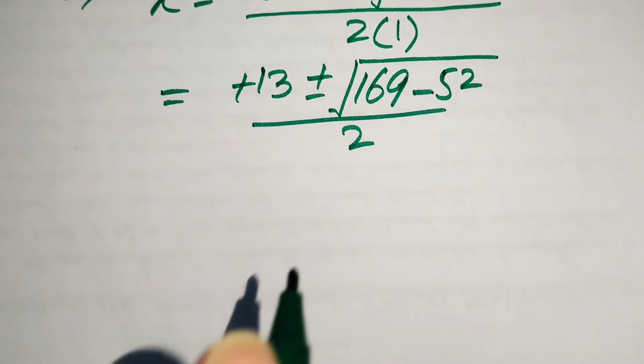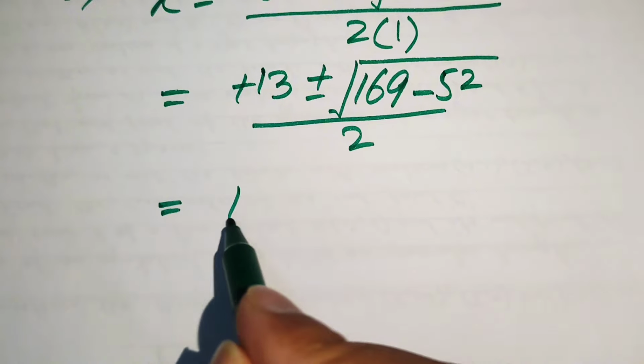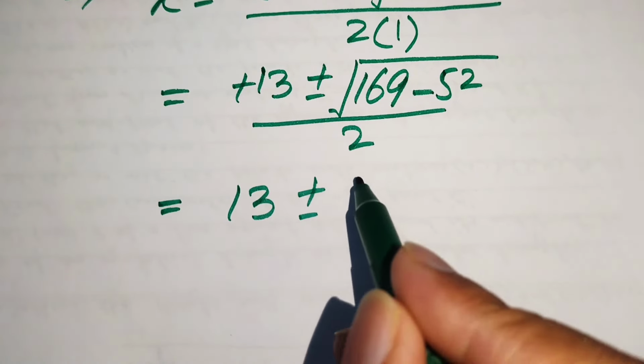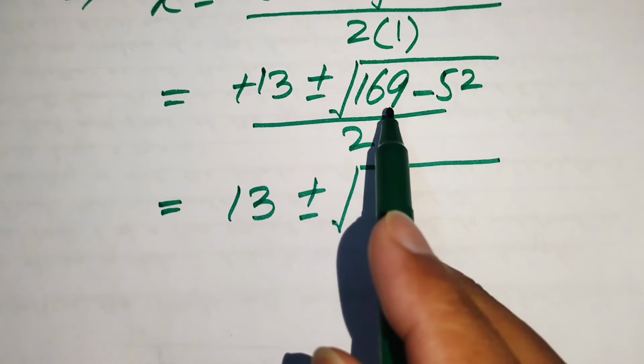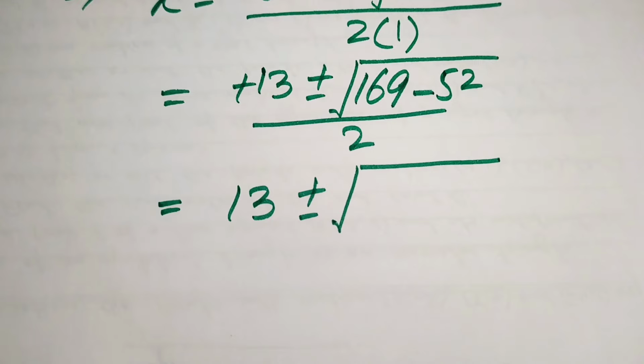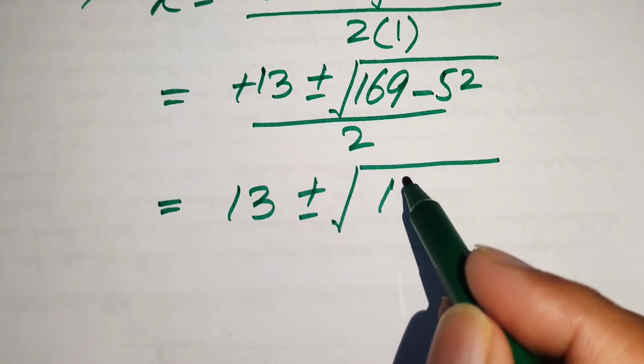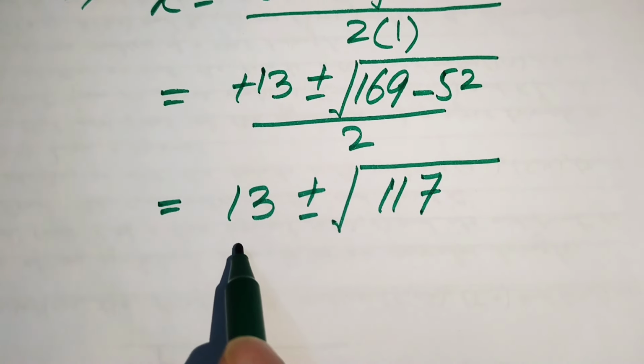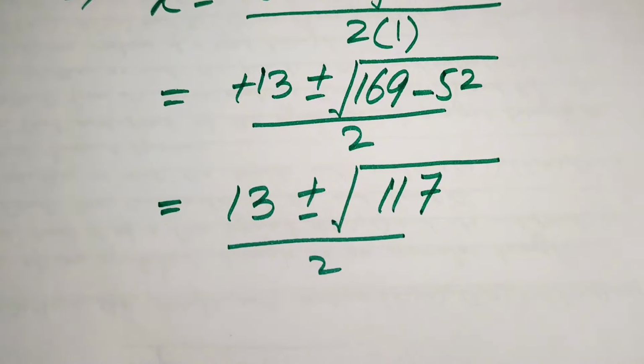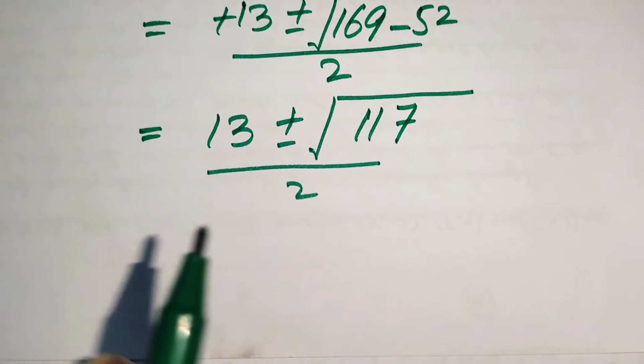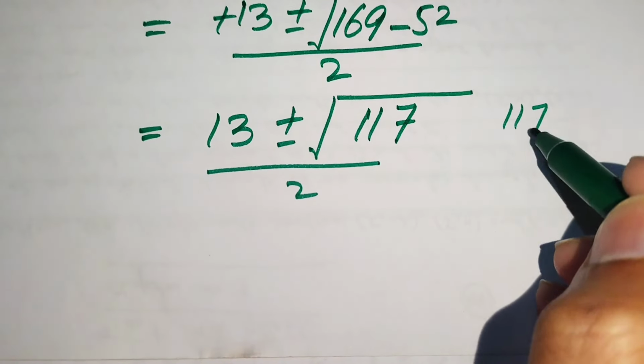Here we need more simplifications, and we write it as 13 plus minus square root of 169 minus 52, which equals 117, and it is divided by 2. Here we make the prime factors of 117.